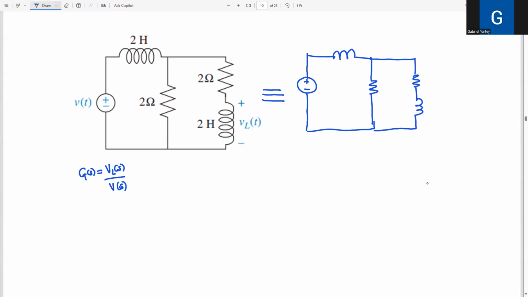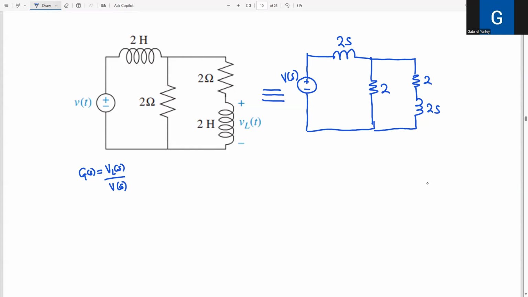Now, from what you've done above, v of t becomes V of S. Then your inductor of inductance 2 henries becomes 2 multiplied by S. And then your resistance stays the same, right? And your resistance here too stays the same. And this thing here, just multiply it by 2.